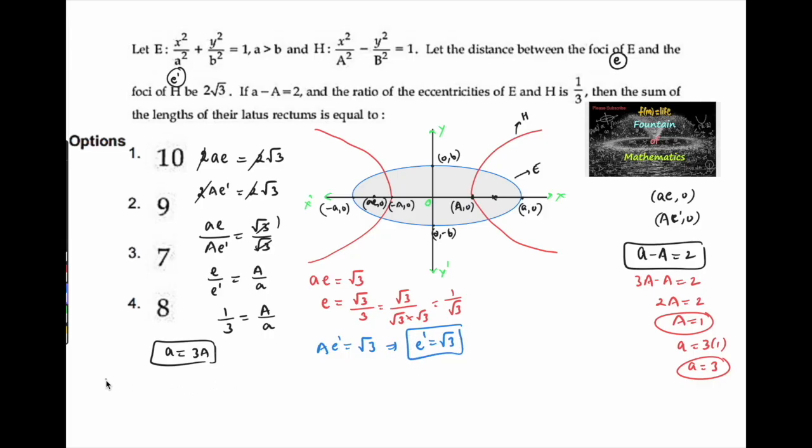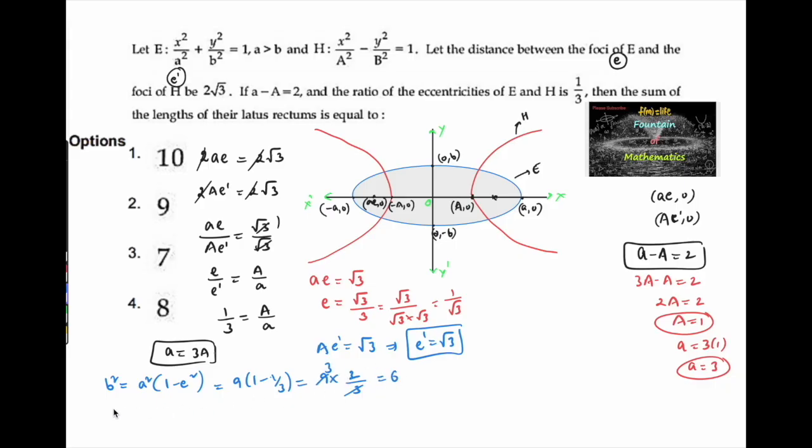And now we have the relation in the ellipse, b square is equal to a square of 1 minus e square, which is equal to a square is 3 square, 9 times 1 minus e square value 1 upon 3, which is equal to 9 into 3 minus 1, that is 2 upon 3, which is 6.